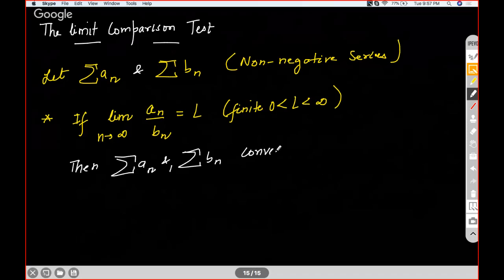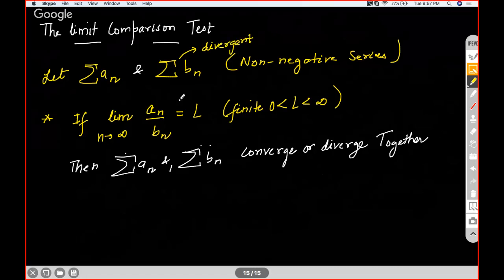So if this converges, then this will also converge. They will converge or diverge together. Together means if you know the nature of one of the series, let's say you know that bn is divergent, and if this ratio came out to be a finite number between 0 and infinity, not equal to 0, then you can say that even an will diverge.